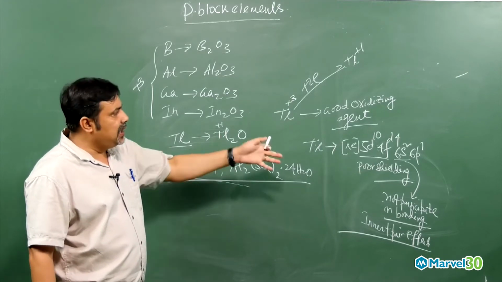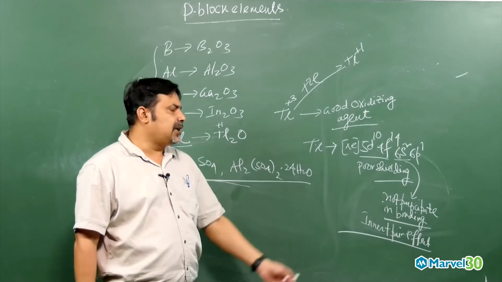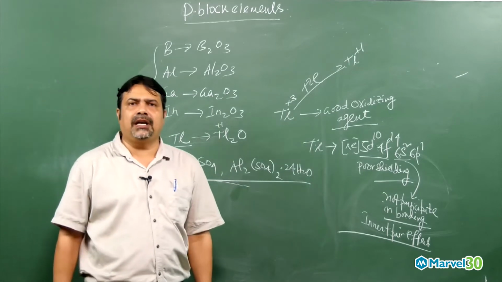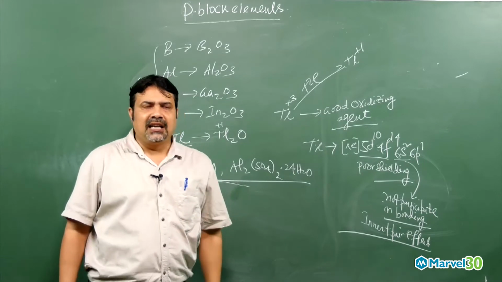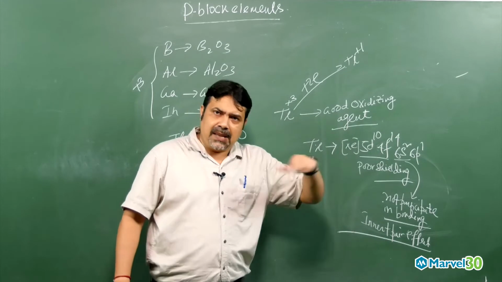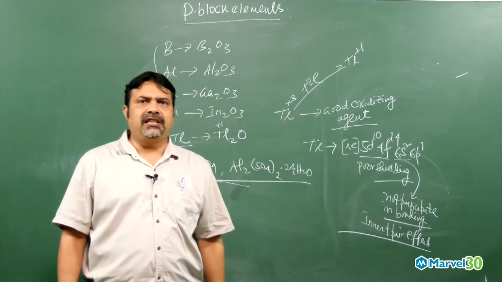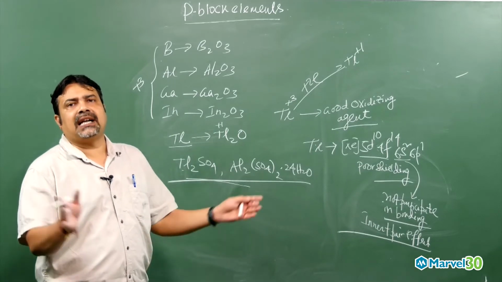The same reason, poor shielding, which we used to explain the inert pair effect, later explains why zirconium has the same size as hafnium. Because of poor shielding, the force of attraction on the valence shell electrons is greater, and there is a contraction of size.